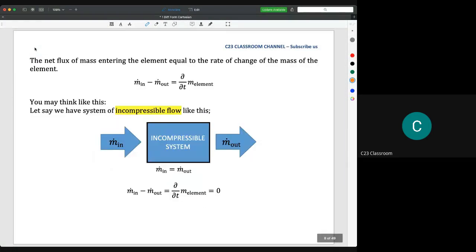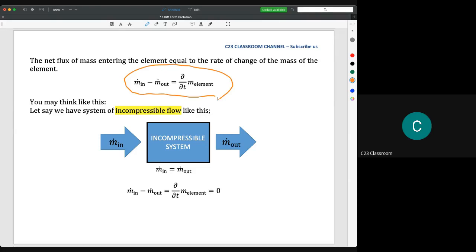So and then we go to the basic idea to evaluate the total mass flow rate that enter that element. So the ideas that you should understand is this one. M dot in minus m dot out is equal to del dt m element. So m dot mean mass flow rate.